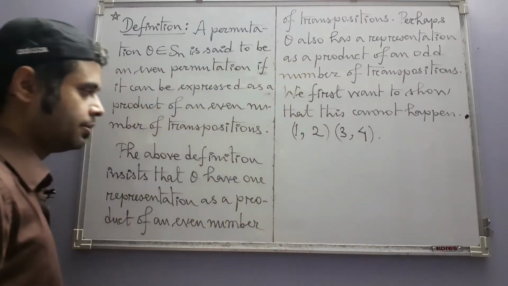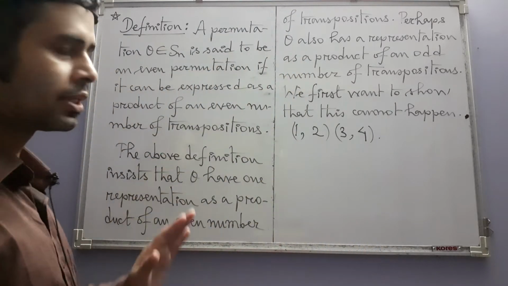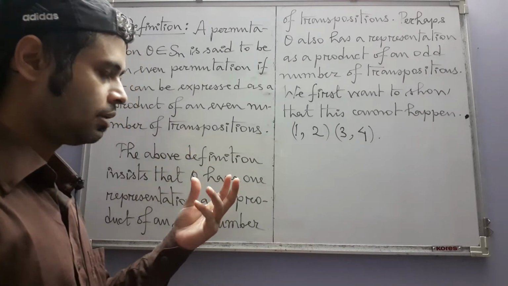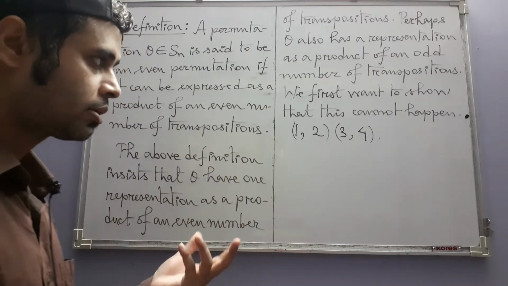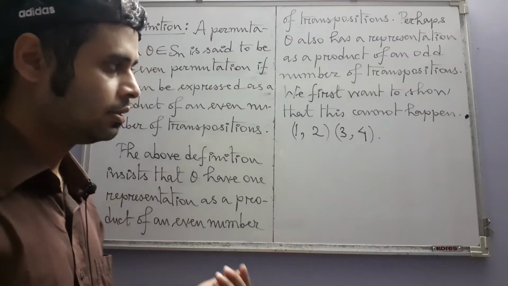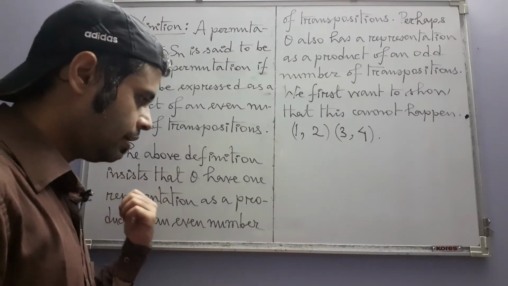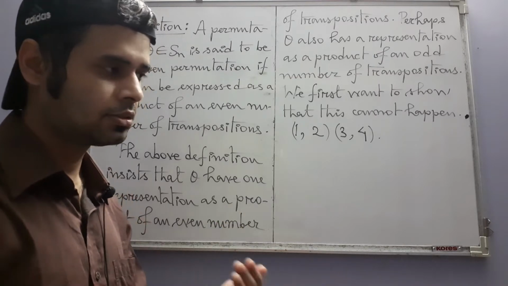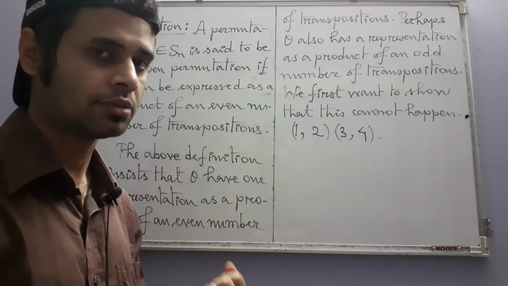Oh, and by the way, let us also note this fact that according to this definition, a permutation is not an even permutation if in any expression of the permutation as a product of transpositions you always have an odd number of transpositions.